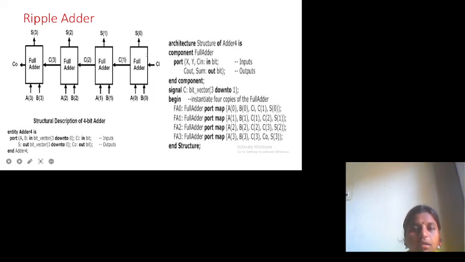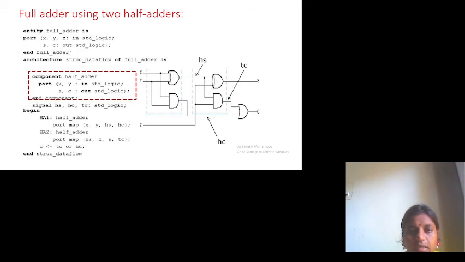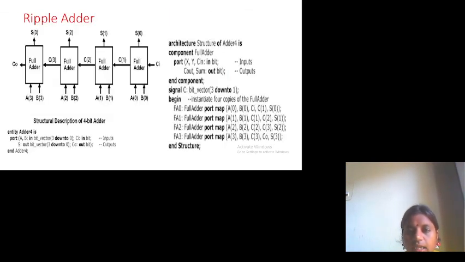Now we have to declare the full adder as a component, as we have already written its code previously. Component full adder, port: X, Y, Cin in bit, and sum, Cout out bit. Here sum and Cout are outputs for that full adder, end component. Now, any signal declarations?